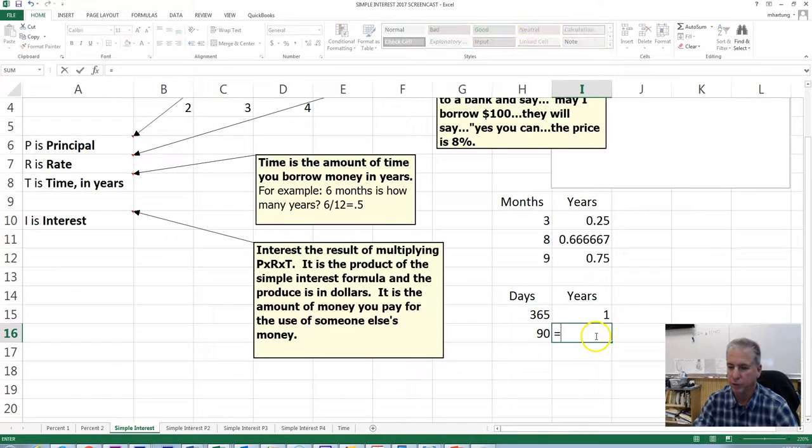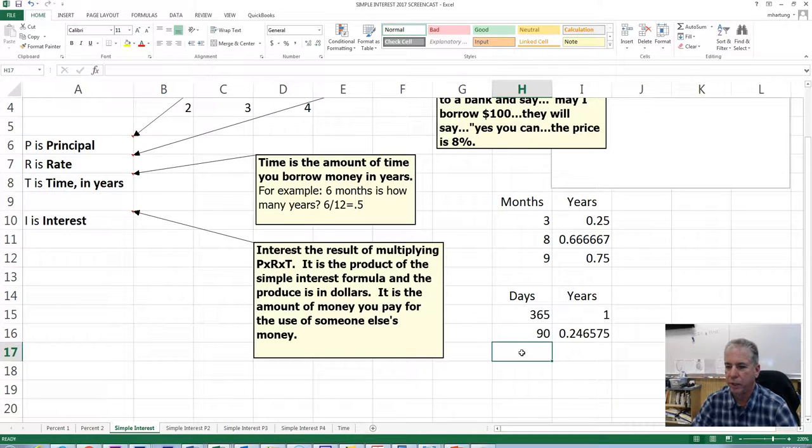Now, of course, you could have also done this. You could just click on the 90 there, divided by the number of days in a year. 0.246575 years. How about this? How about 19 days?